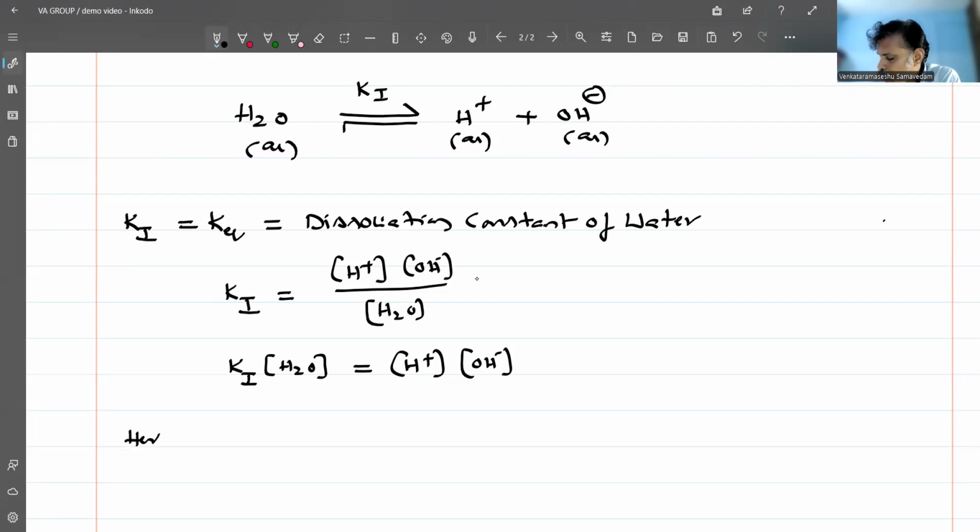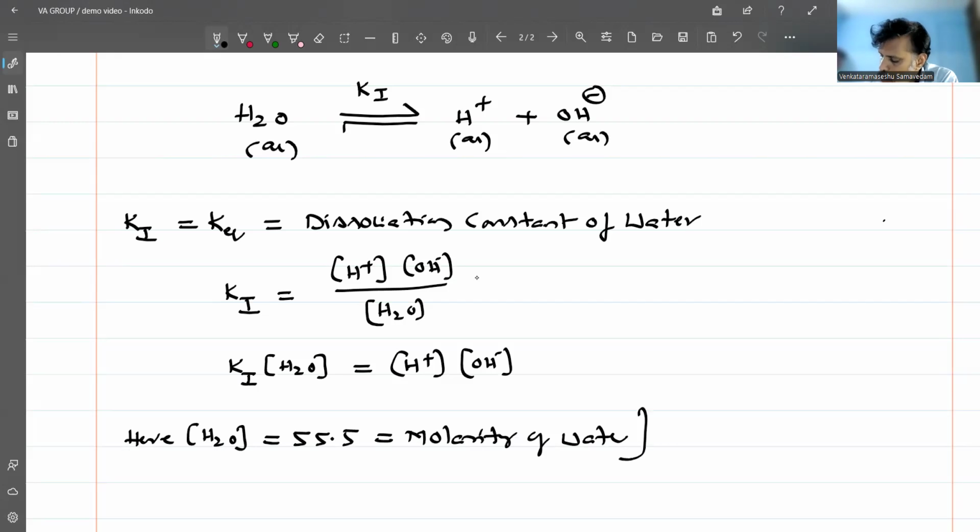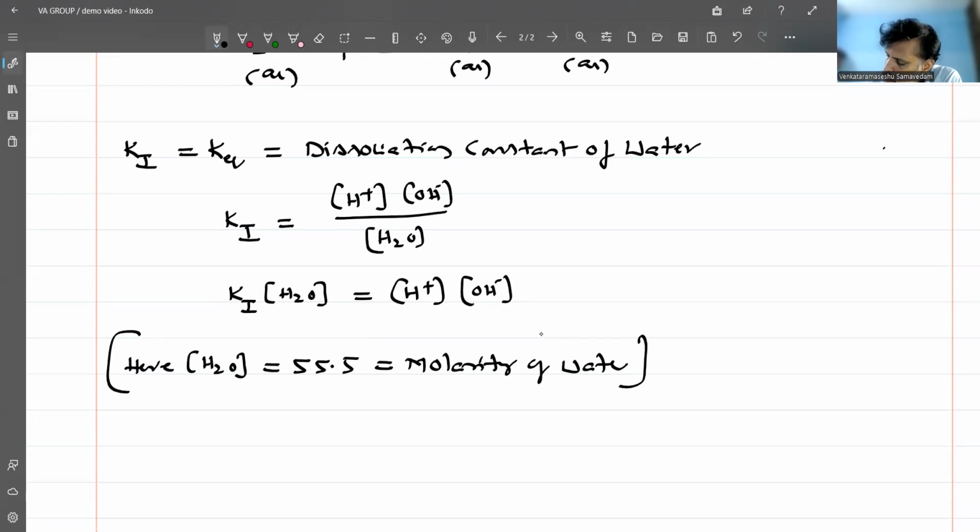Here the concentration of H2O is 55.5, equal to the molarity of water, so it is a fixed value. Why? Because very, very few water molecules are dissociated. Therefore, Ki times the concentration of H2O I can consider as another constant, said to be the ionic product of water.